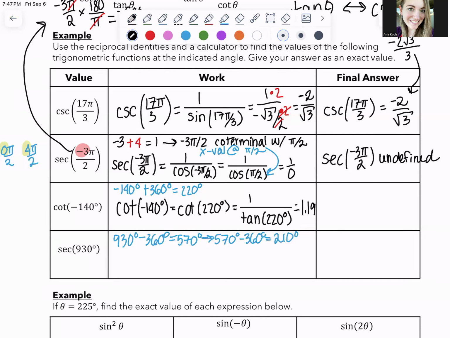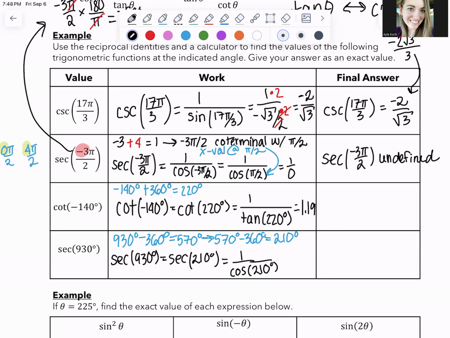This one we can work with. So secant of 930 degrees is the same thing as secant of 210 degrees. Secant's soulmate is cosine. So this is 1 over cosine of 210 degrees.